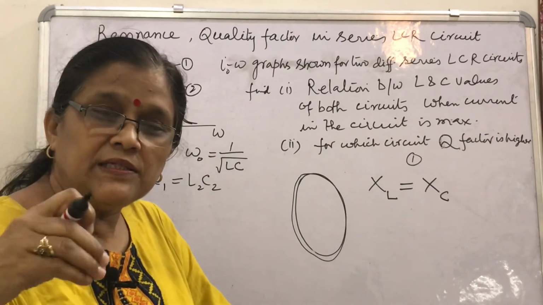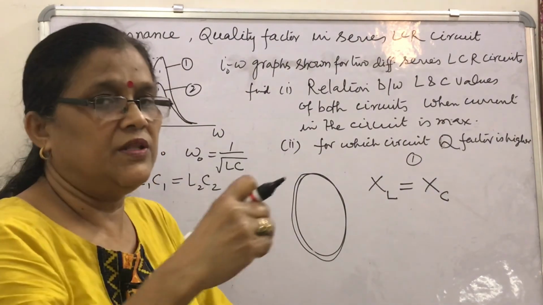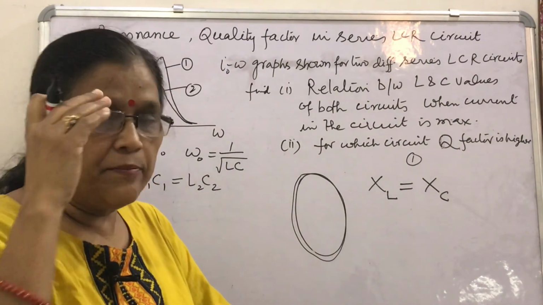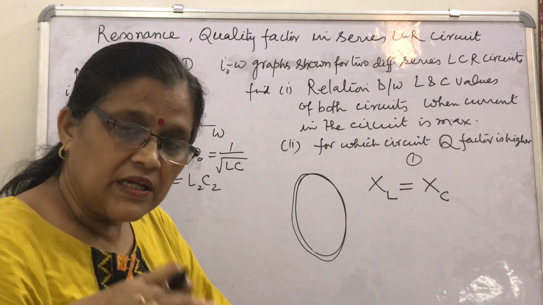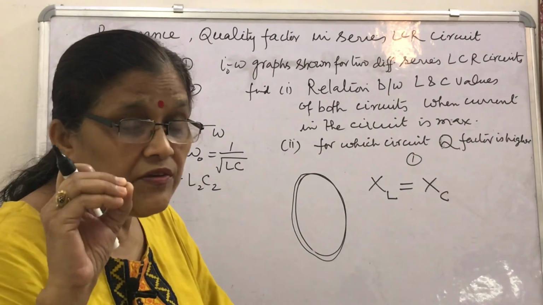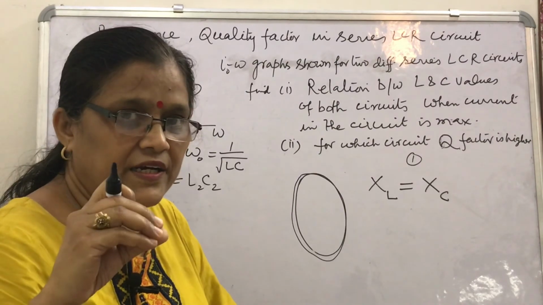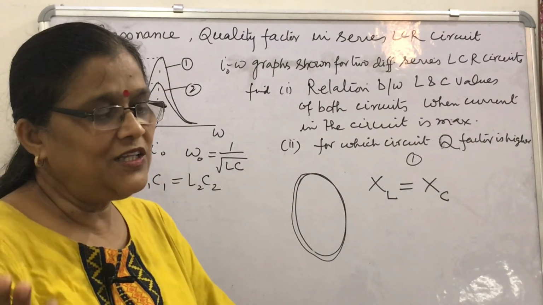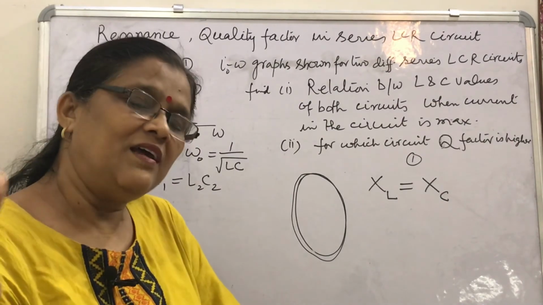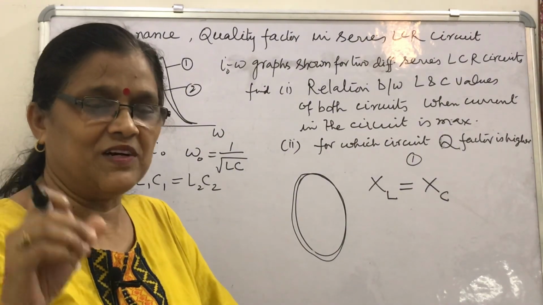Then the impedance of the circuit changes, because a core in the coil changes the value of L. So the impedance of the circuit changes, then the current changes significantly. The significant change in the current in the circuit is detected in the electronic circuit, and then an alarm sounds. So in this way a metal detector works.